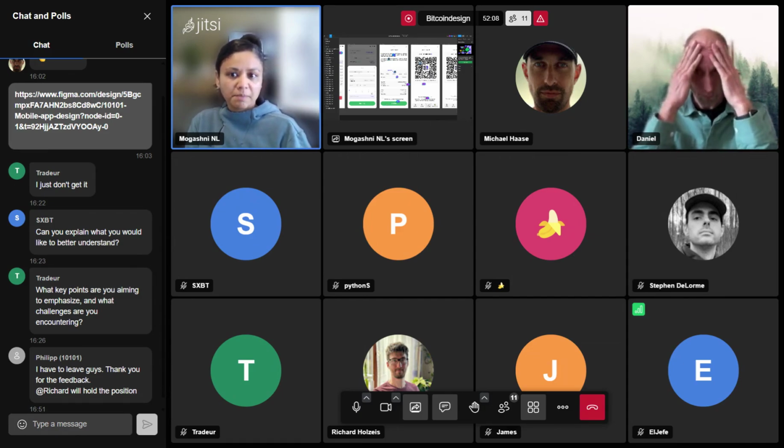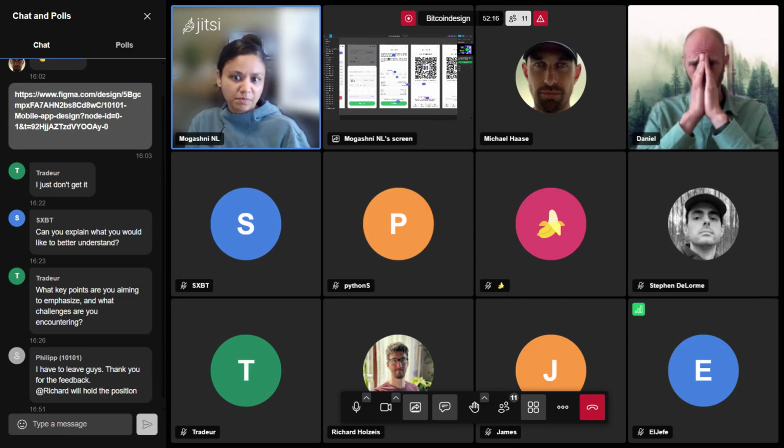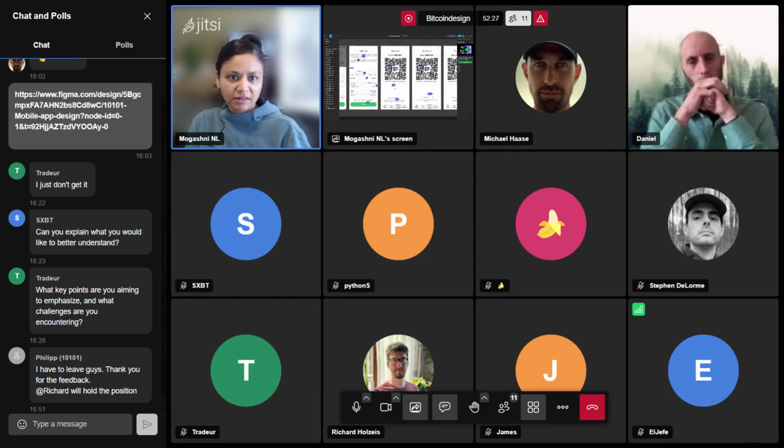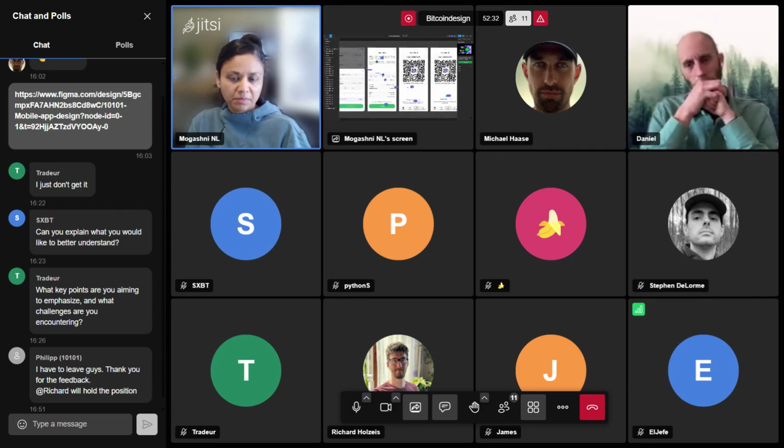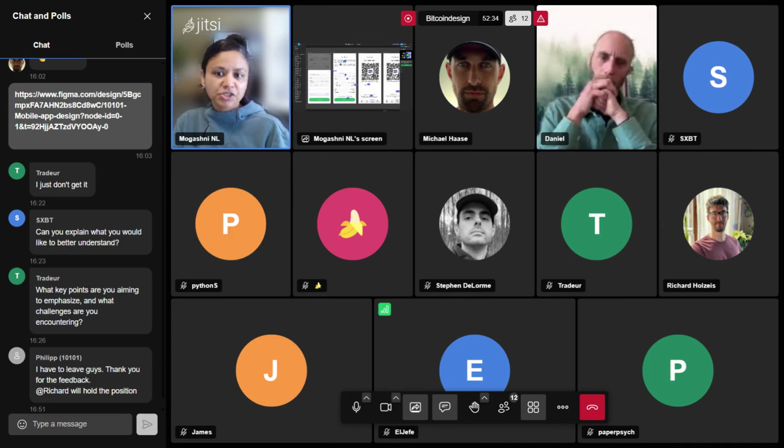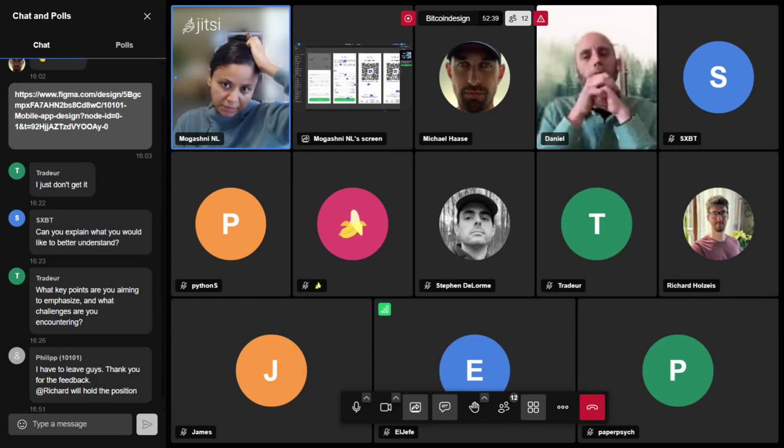So maybe if they're entering this flow for the first time, it would help to say something like, you're about to set up your fund your channel process, to create the expectation that there are going to be another 1, 2, 3, 4 steps coming up. It's just creating an expectation in the user's mind of what's coming.